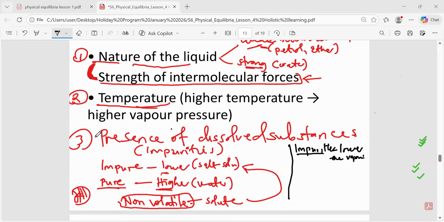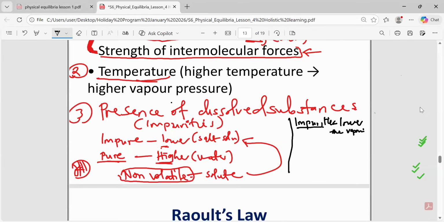But in case the impurity is volatile, then it will also contribute to the vapor pressure of the substance, increasing the vapor pressure. Unlike the pure one, where the vapor pressure remains high. But in case it is impure and the impurity is non-volatile, it's when the vapor pressure will be low.